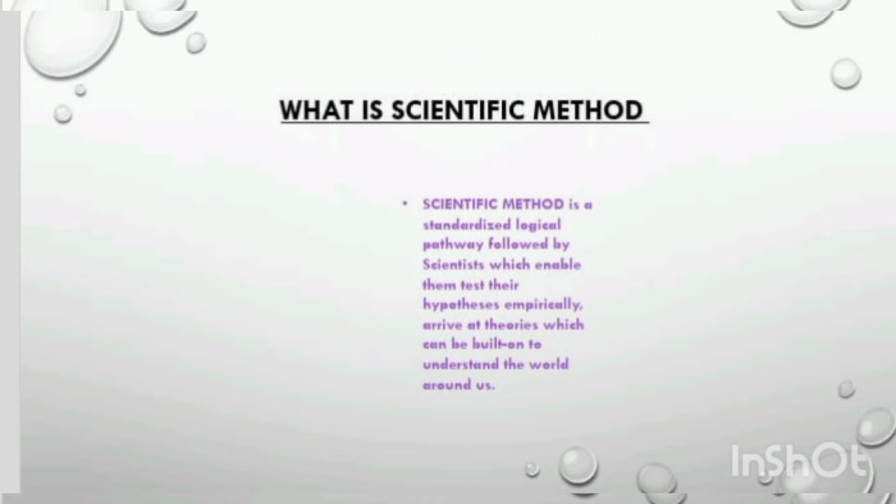It is an accepted, logical standard pathway which scientists must take during their study of nature in testing their hypotheses, developed by a series of observations of their surroundings to arrive at theories which can be built upon by further investigation to obtain scientific laws and principles in a bid to understand the world around us better.